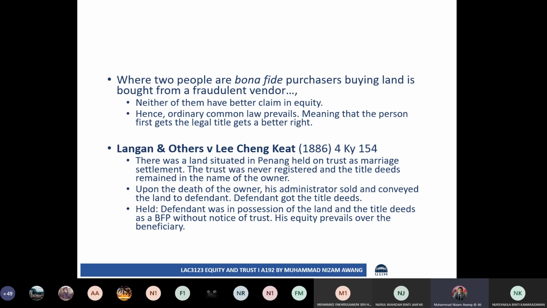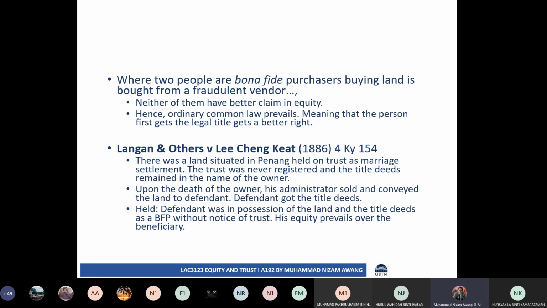So because the trust was never registered, the title of the land remained in the name of the owner. So when the settlor died, the administrator, the trustee, sold and conveyed or transferred the land to the defendant. So the defendant became the legal owner because he got the title deeds.